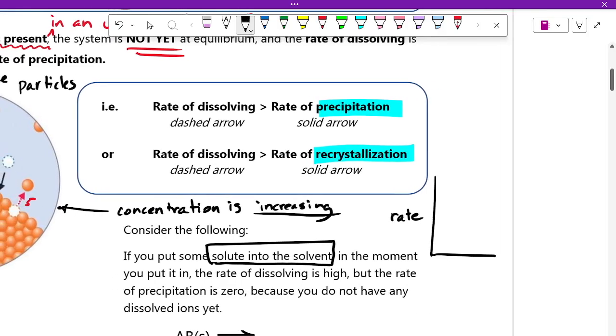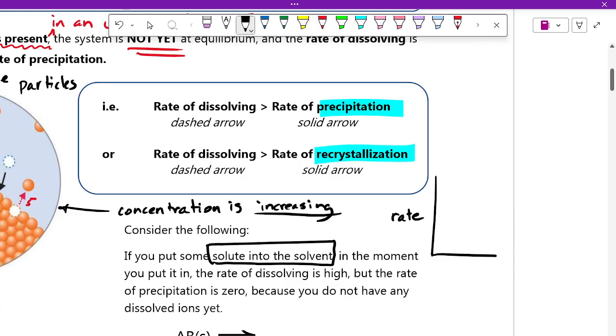What is the rate of dissolving like if we have just thrown the solute into the solvent? Is it 0? Is it high? Is it low? I've got lots of solute.